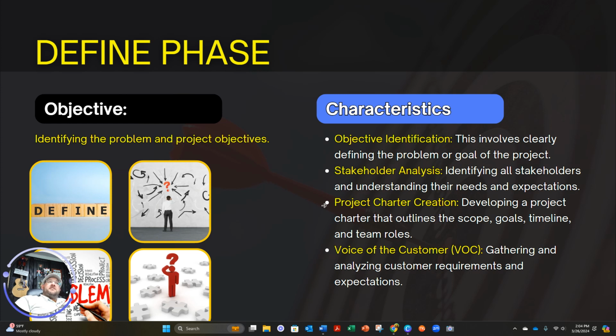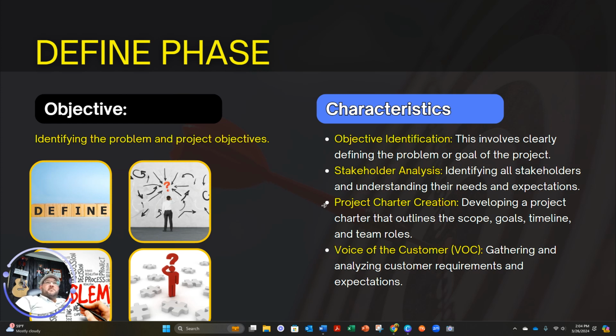The stakeholder aspect of it is understanding the different types of stakeholders in an organization and identifying all of them to understand what their needs and expectations are. Project charter creation is where we're developing a project charter that outlines the scope, goals, timeline, and team roles.